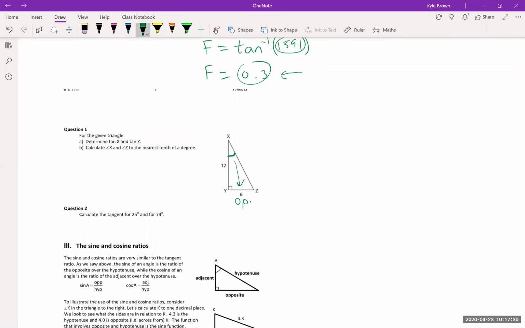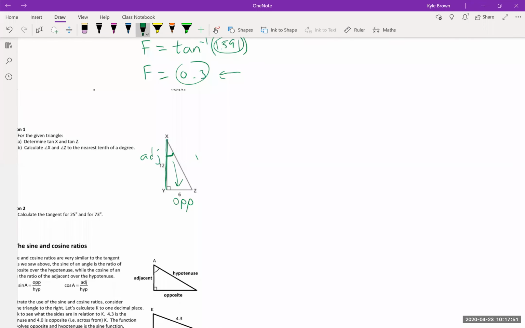That's the opposite, which would make the one beside it the adjacent. And then the longest side is always the hypotenuse, right? You guys have been dealing with the hypotenuse since grade 7, I think.